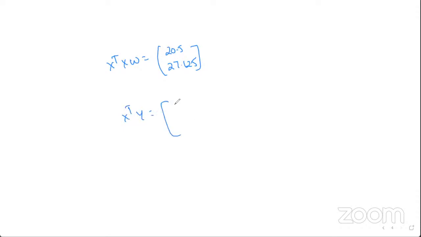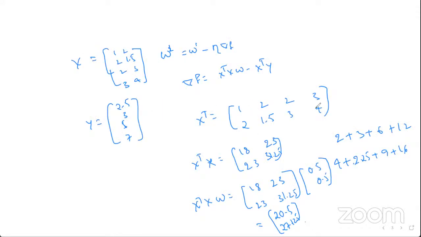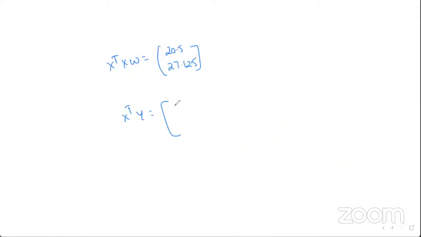X transpose Y is going to be equal to this 1 2 2 3, 2 1.5 3 4 multiplied by this 2.5, 3, 5, 7.